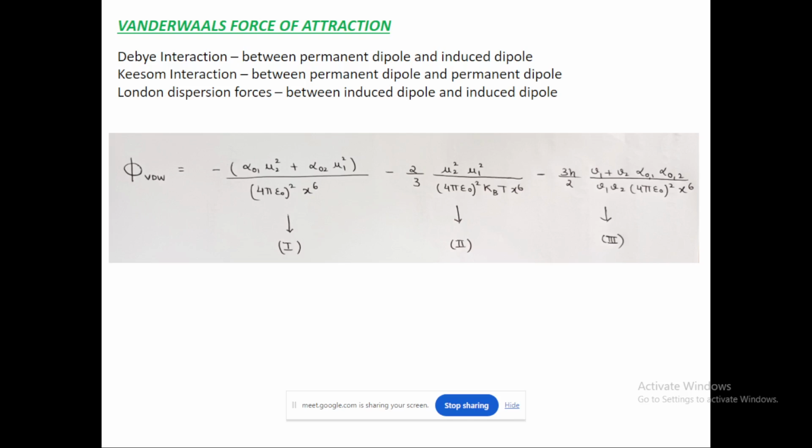You need to tell me which expression among 1, 2, and 3 represents the Debye, Keystone, and the London dispersion forces. Anyone?